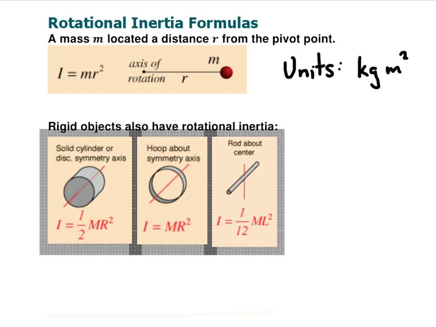Now, I'm not going to expect you to memorize the formulas of these different objects. I am actually going to give you a sheet that you can use to look those up, but we are going to have to become pretty good at looking them up.